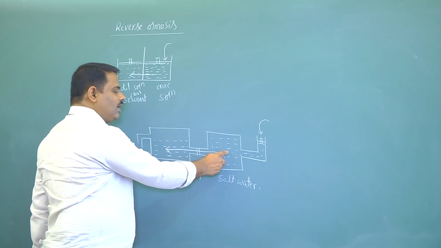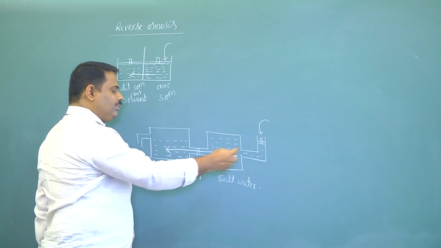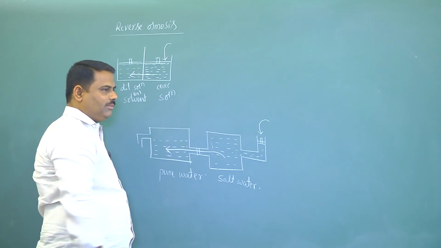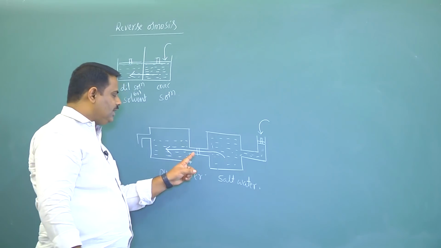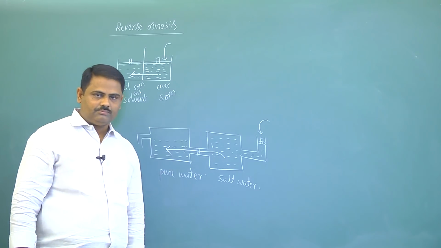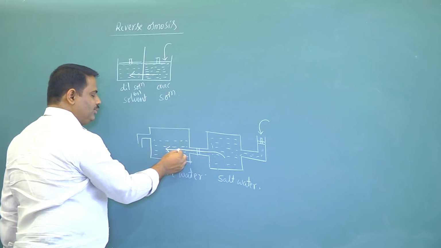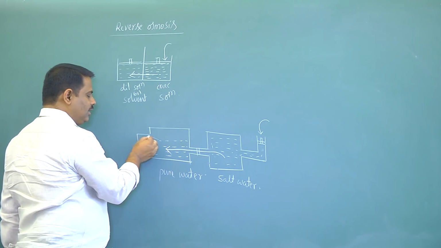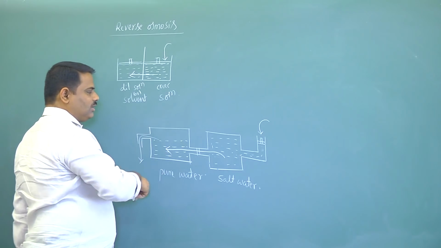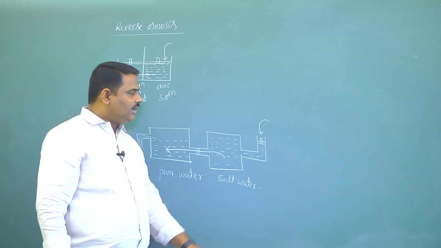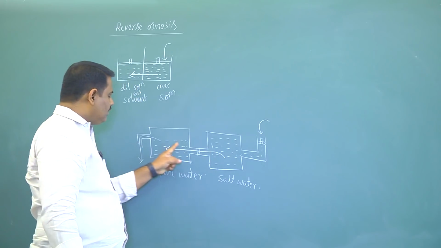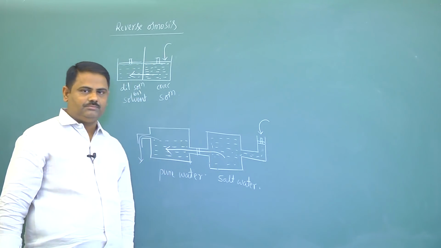The salts and all other mud particles or impurities remain here only because they cannot pass through the semi-permeable membrane. In this way, we can convert impure water into pure water, where we can collect pure water. Send more tap water here and you will get more pure water.